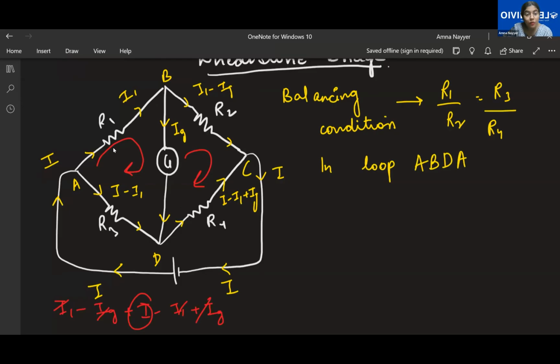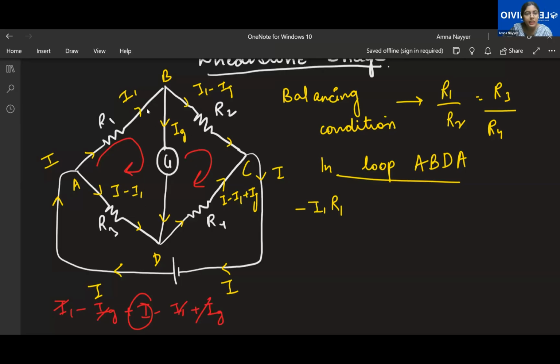All right. So we are going from A to B, B to D, D to A. This is clockwise here. If you are going clockwise, from A to B you are moving along the direction of current. For along, we write negative, so minus. What's the voltage? Current into resistance, so we get I1 into R1.